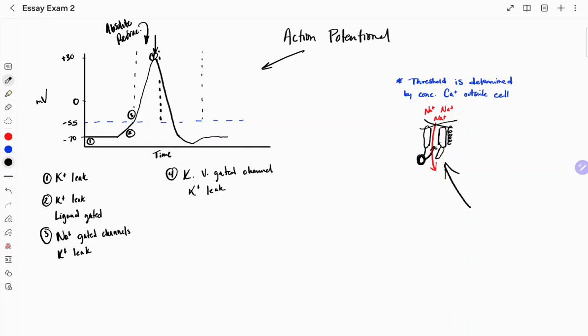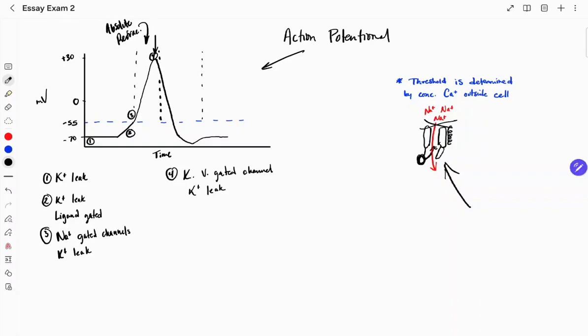And so it'll open very quickly, sodium will flood in, and then this protein will plug it very quickly. And during that time, you can't have a second action potential occur because the gate's already fully open, and it needs time to reset so it can open again.